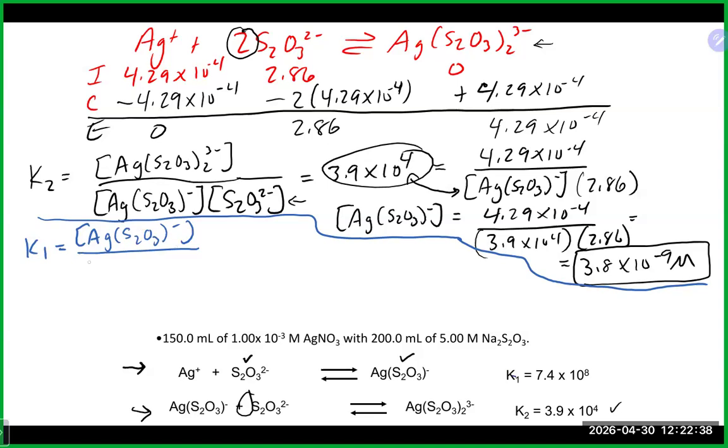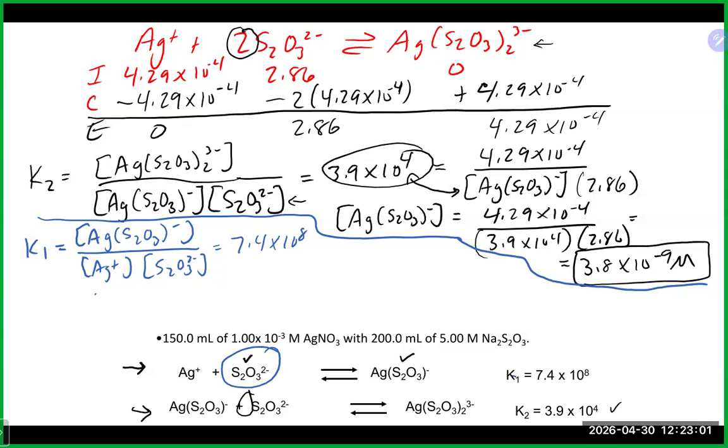And my silver concentration. And again, my ligand as well. And again, that's going to equal our K1 value, 7.4 times 10 to the 8. Once again, here I am not squaring the ligand because I am using this equation where it's just 1 is the coefficient. So put it in our numbers there.